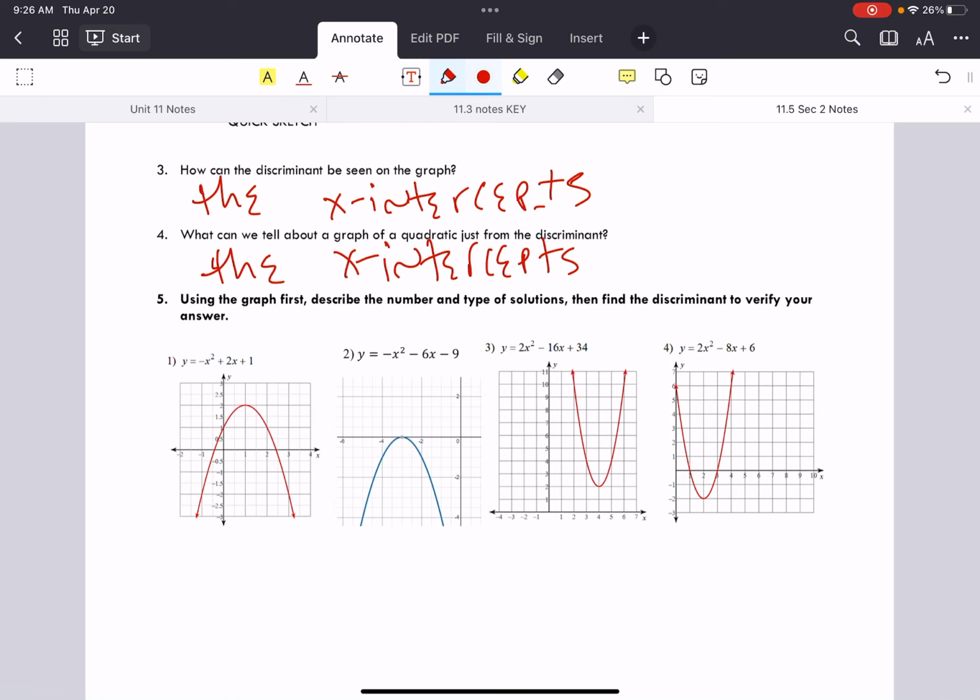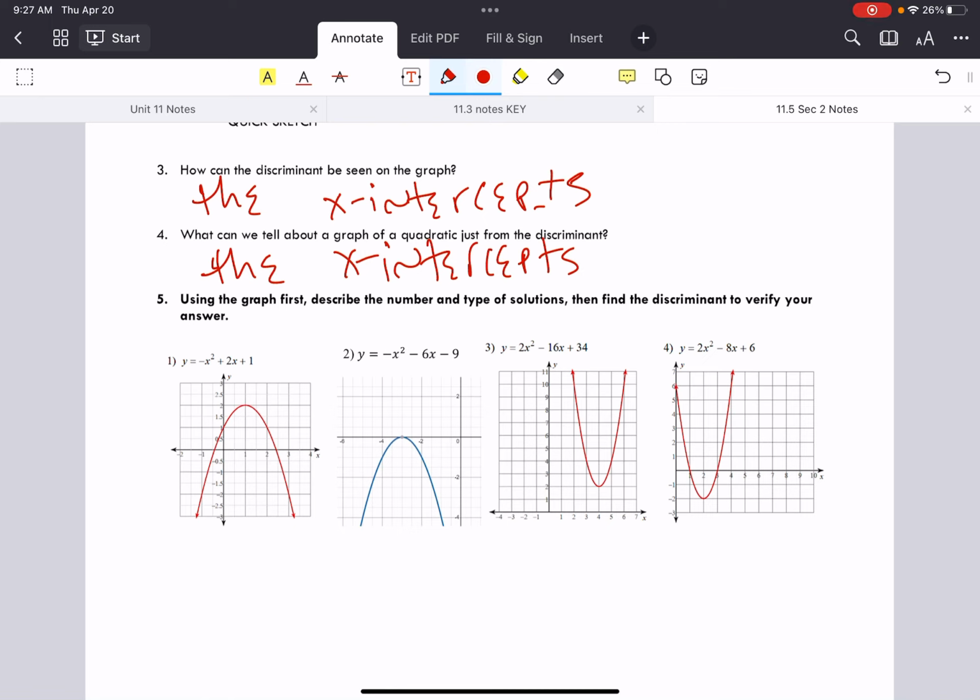Okay, so first of all, on number 1, does it have x-intercepts? Yes. So I know my discriminant's not going to be negative, right? Does it have 2 x-intercepts? Yes. So I know my discriminant's not 0. Are my x-intercepts whole numbers? No? You guys agree?